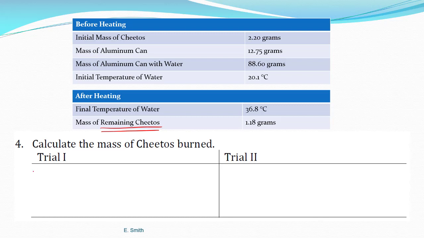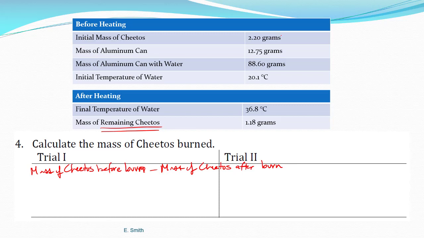So what we're going to take is the mass of the Cheeto before the burn, and then the mass of the Cheeto after the burn. The difference between these is the mass of the Cheeto that actually burned.